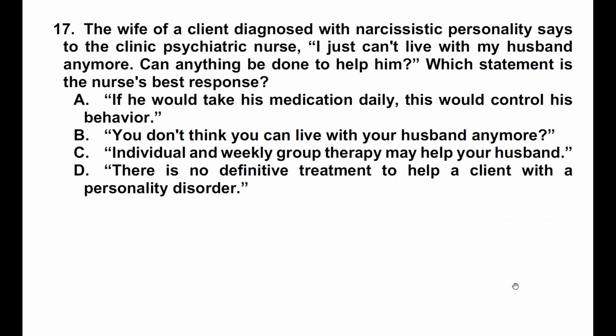D, there's no definitive treatment to help a client with personality disorder. Of course, letter B is eliminated because that is answerable by a yes or no. Letter A is opposed by letter D, and we know that when you talk about personality disorders, there is no specific treatment to control the symptoms for the client. So the best answer for number 17 is letter D.